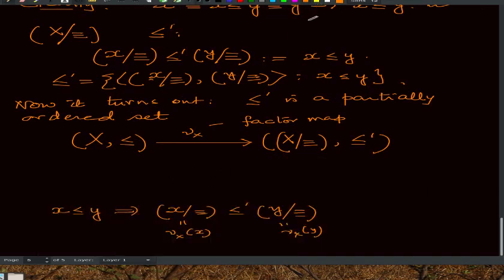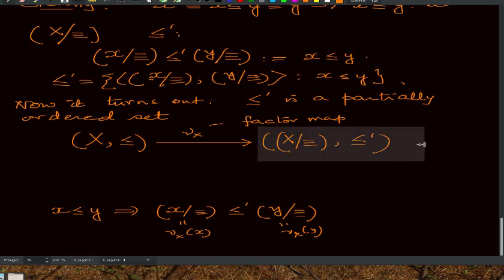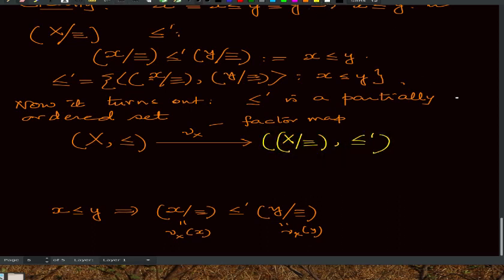Suppose, let me write this in another color, to say that this is a partially ordered set. So suppose you take another partially ordered set and you take an order preserving map, then you can find a unique order preserving map.